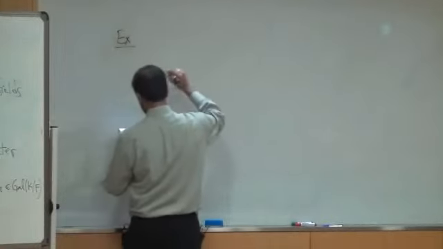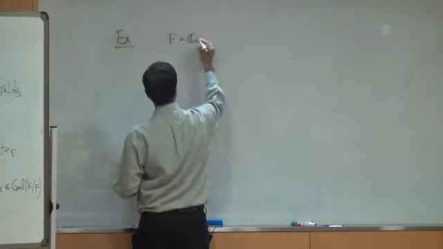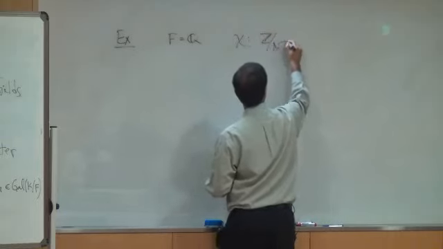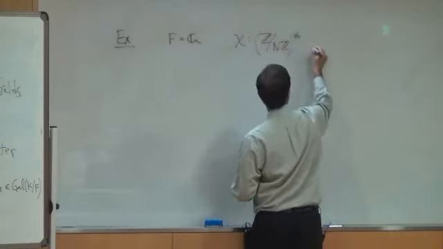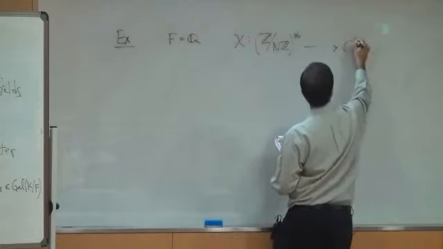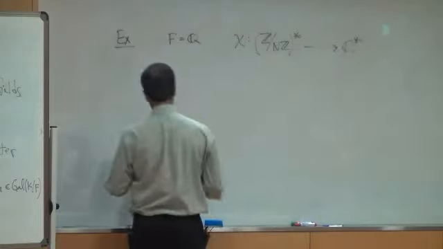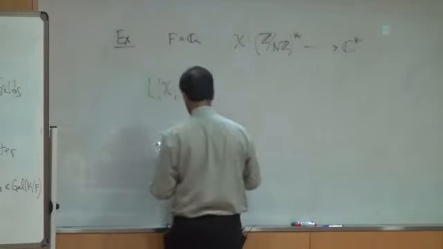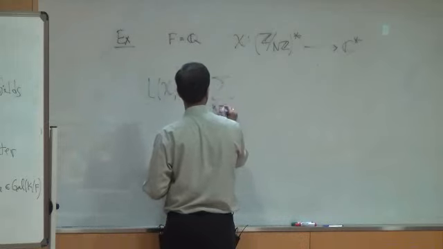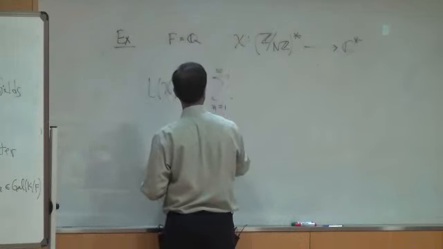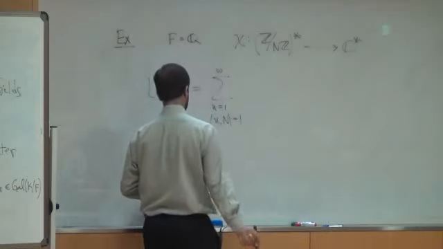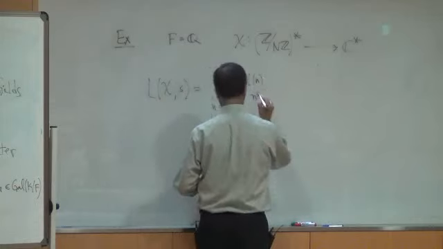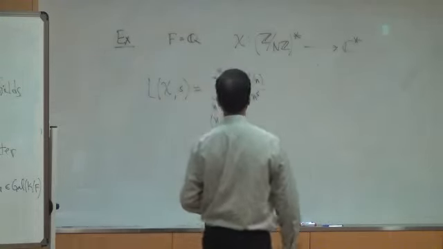So we'll take F equals Q, and we'll take chi to be a group homomorphism from Z mod NZ star, which is a very concrete example of the group, into C star. Then L of chi, s is just going to be the sum as n goes from 1 to infinity, with n relatively prime to capital N, of chi of n over n to the s. This is called a Dirichlet L function.